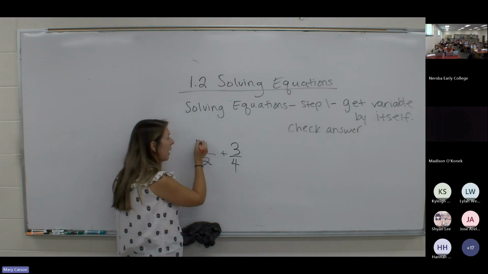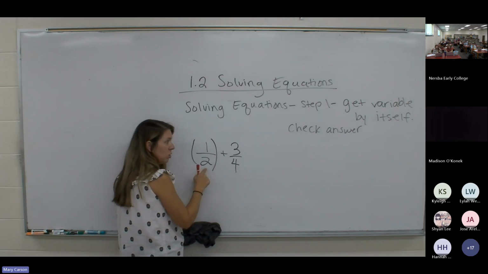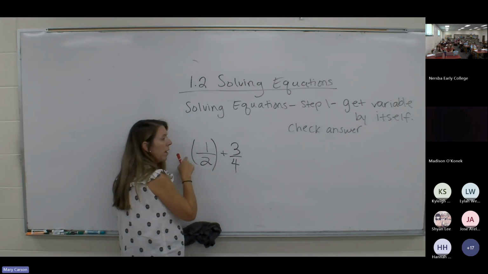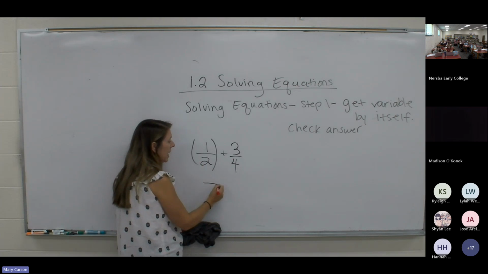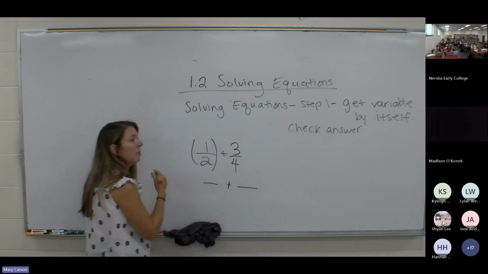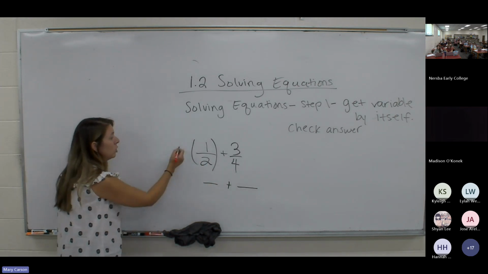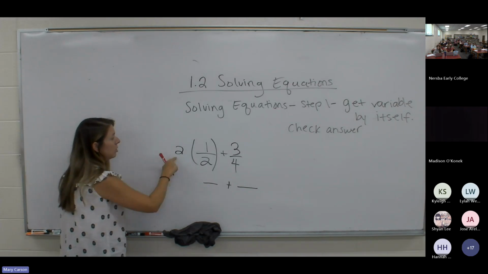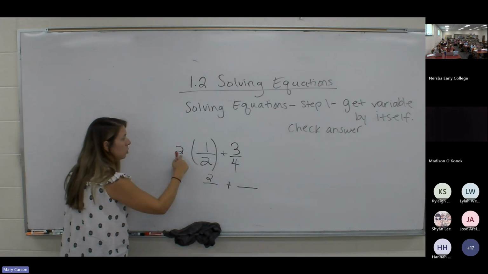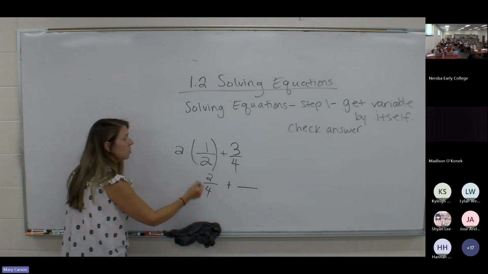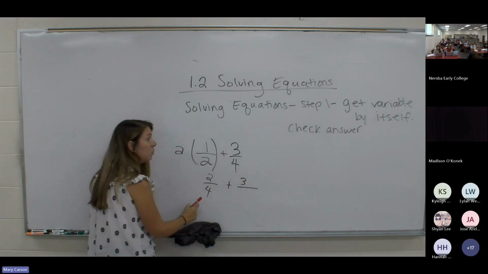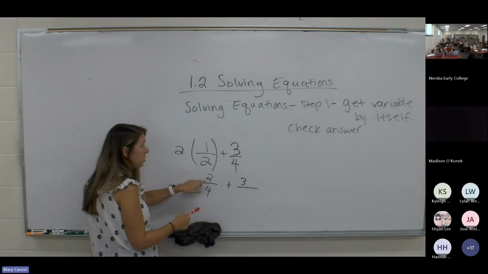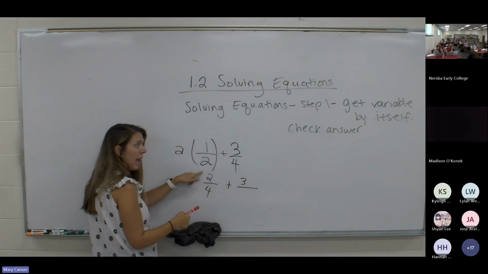So the only thing that I would have to change here is this 2. This one's already 4, so we don't have to do anything. So what would I multiply this by to get a 4 on the bottom? Because that's the only way I can add fractions. You have to have a common denominator, a 2. So what you would do is you would take 2 times 1 is 2, 2 times 2 is 4. And did we change this problem? No, because 2 over 4 is still the same thing as 1/2, correct?